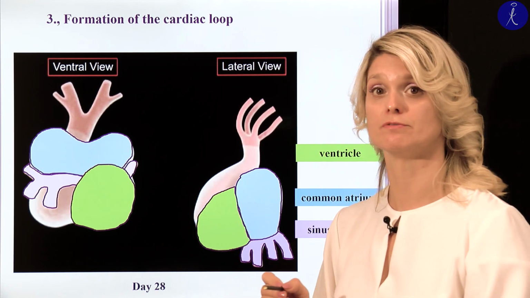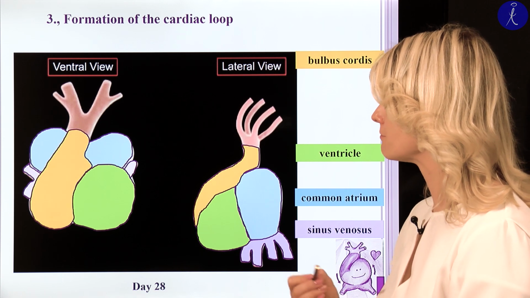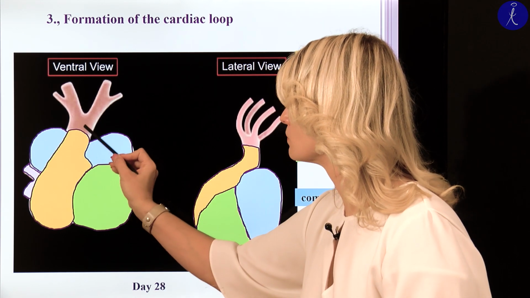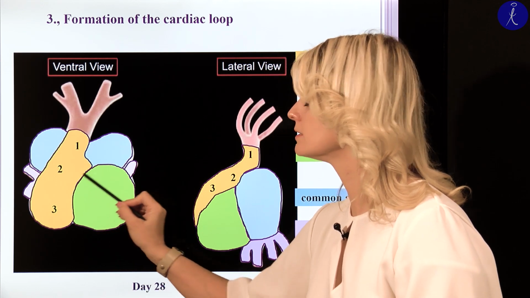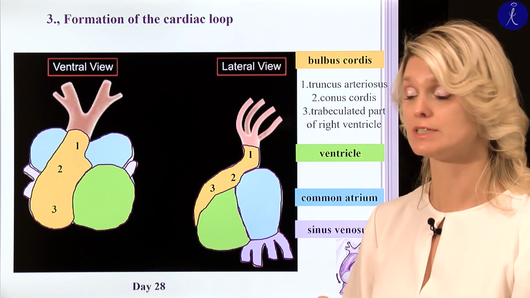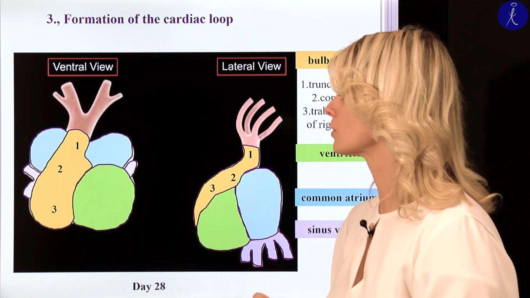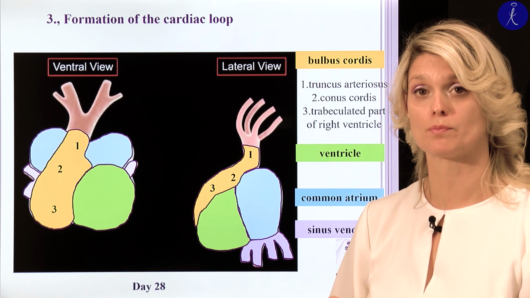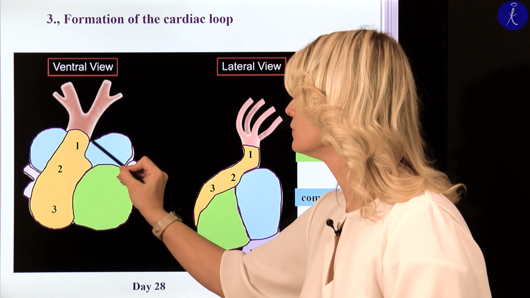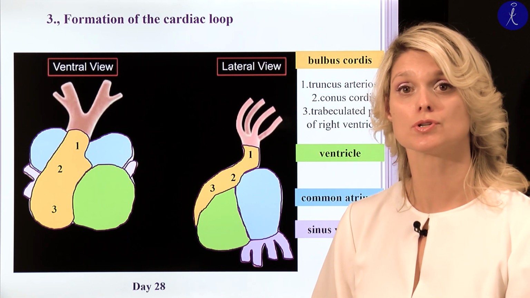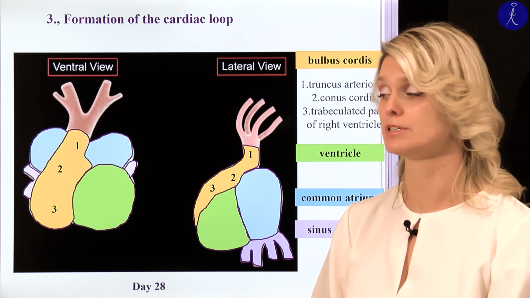From here, the common ventricle, from here will be the left ventricle. And finally, this is the bulbus cordis. From the lower part of the bulbus cordis will be the trabeculated part of the right ventricle. In the middle, you can see the conus cordis for the outflow part of the ventricles. And finally, there you can see the truncus arteriosus, from where will be the aorta and the pulmonary trunk after the division.